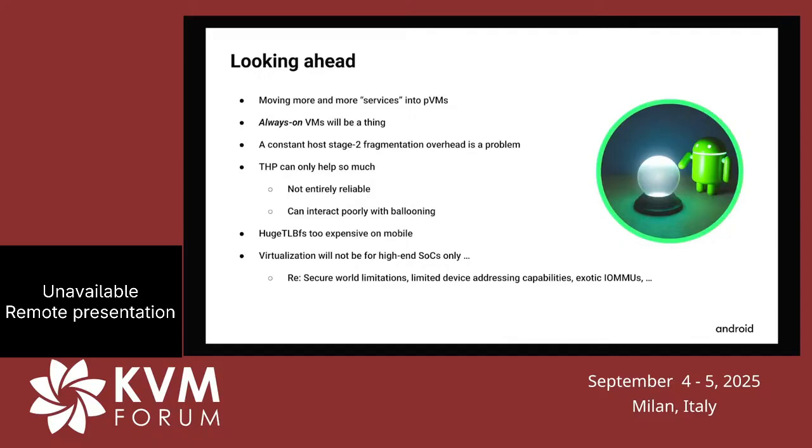And in the case of the always-on VMs that I was mentioning, you could think that actually you're starting this VM early on, so you're going to have plenty of huge pages in the system, so you're probably golden in this case. It's probably fine. But the reality is, because we're on mobile phones that are very memory constrained, we make extensive use of things like memory ballooning in the guest, so that every time a guest doesn't need a piece of memory, it uses ballooning to relinquish those pages back to the host.